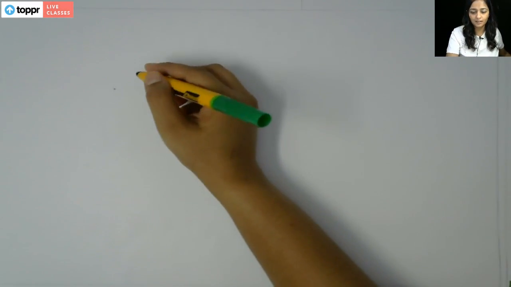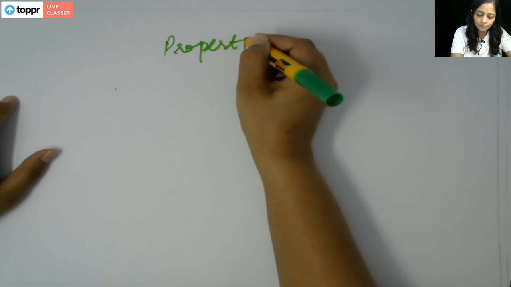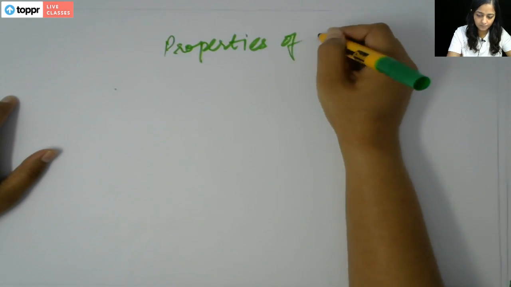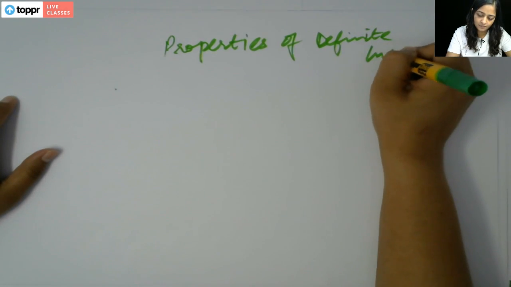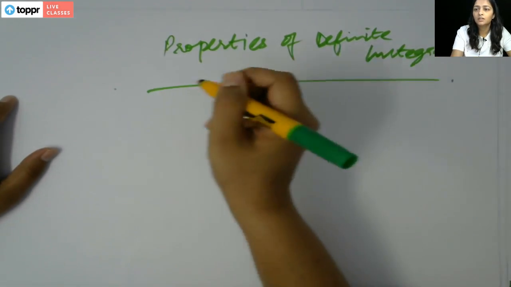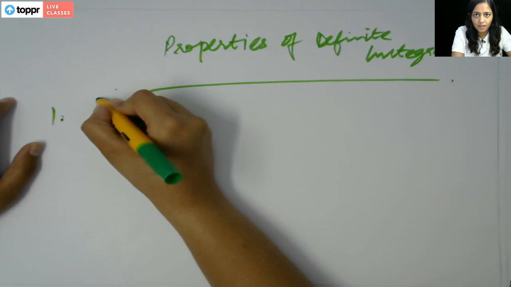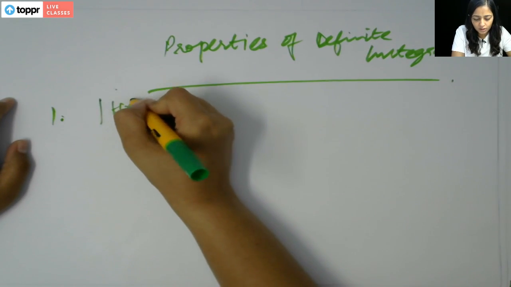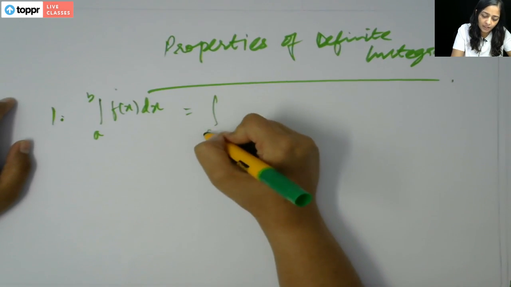Now let's see some of the properties of definite integrals. The first property is that the change of variable is immaterial. Like if you have integral of f(x) dx from a to b, then you can write it as integral of f(t) dt from a to b.